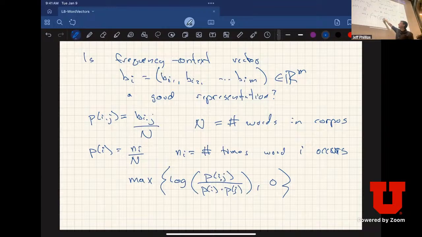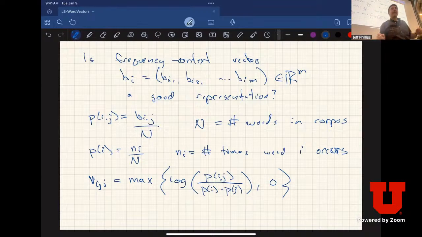Then this will be less than 1, and the log of it will be negative. And at that point, I say, well, this is not a very interesting correlation, so that's going to make it sparse. I'm going to round this to 0. And I'm going to call this V_ij. This will be some value V_ij, which is going to be a useful representation of V_i.